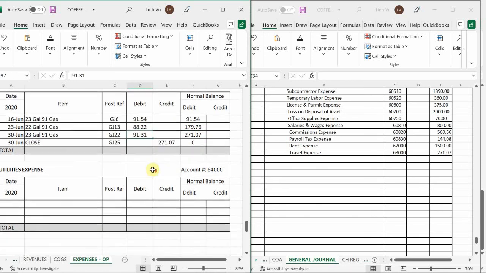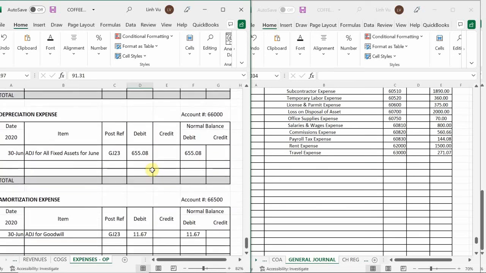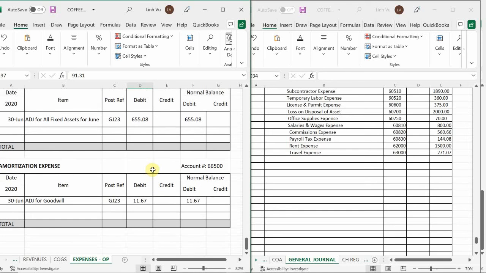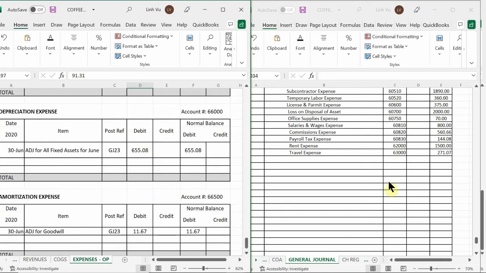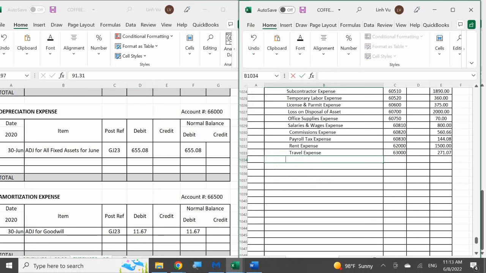Okay. No utilities, no bad debt, but the last two I have is depreciation and amortization expense. So I can close those two out at the same time. Right, for depreciation expense and amortization expense. Okay.